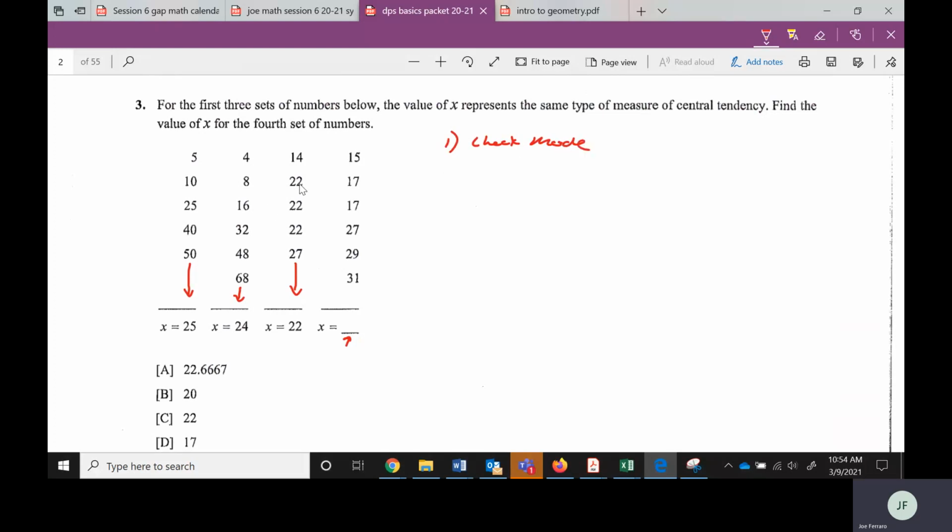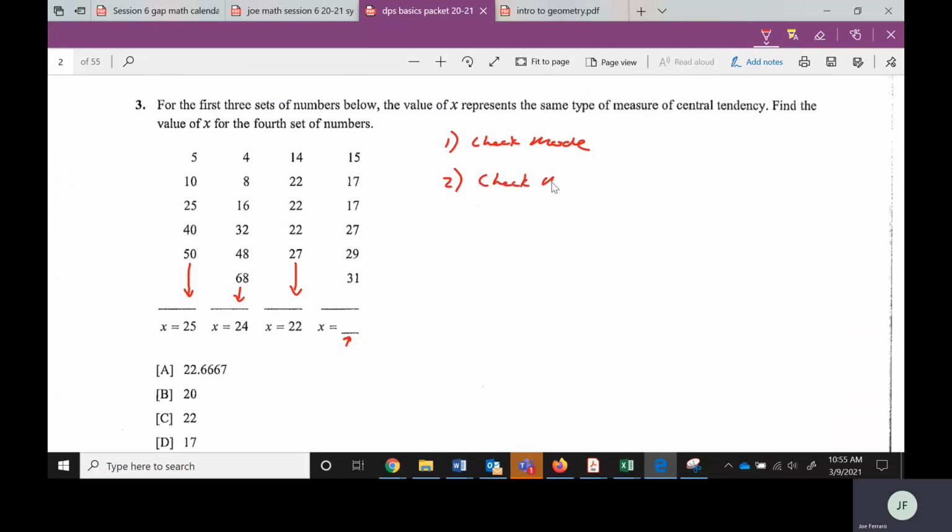Like here, 22, 22, 22. Yep, that's 22. But it has to make sense for these other 2. There is no 24 in this list, so this can't be the mode. Likewise here, there is no mode. 25 occurs once, but so do other numbers. So if it's not that, we go to the next one on the list.